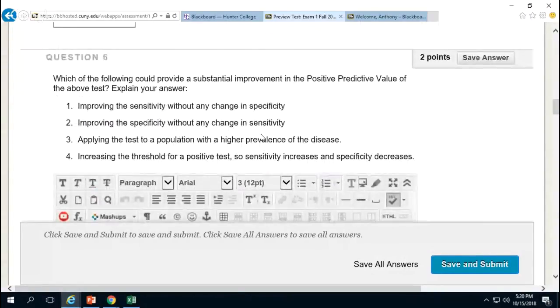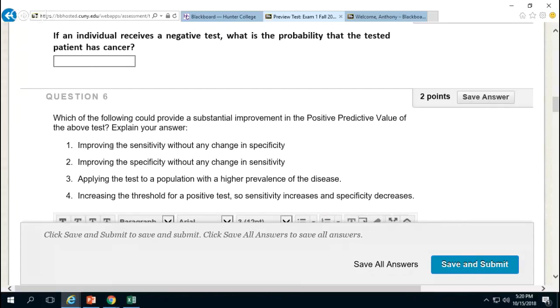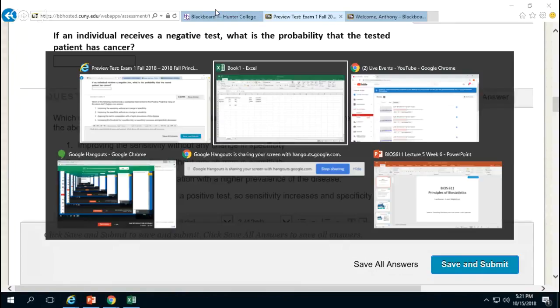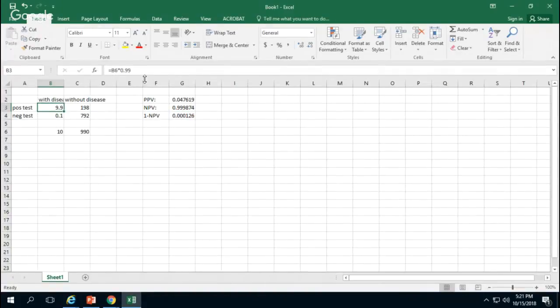Okay, now this one, lots of people were led astray here. Which of the following could provide substantial improvement in the positive predictive value of the above test? Explain your answer. One way I could do this is by putting the sensitivity and specificity as cells in my spreadsheet, instead of hard coding them.